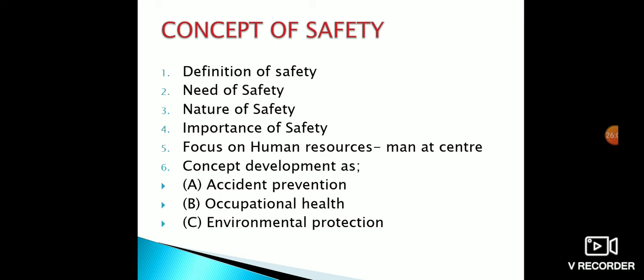This is also a very important point. You may have question from this, focus on human resources, man at center. Then we will discuss the last point, concept development as accident prevention, occupational health, and environmental protection. So this way we will discuss all these points in detail one by one.